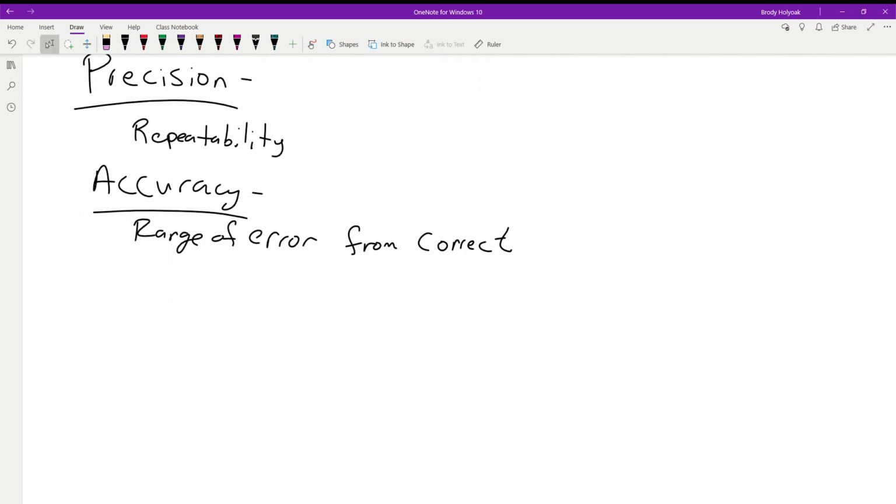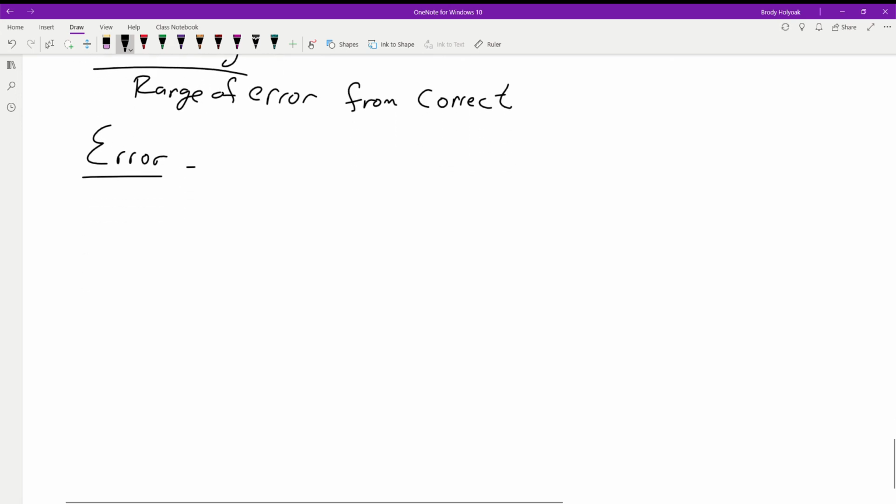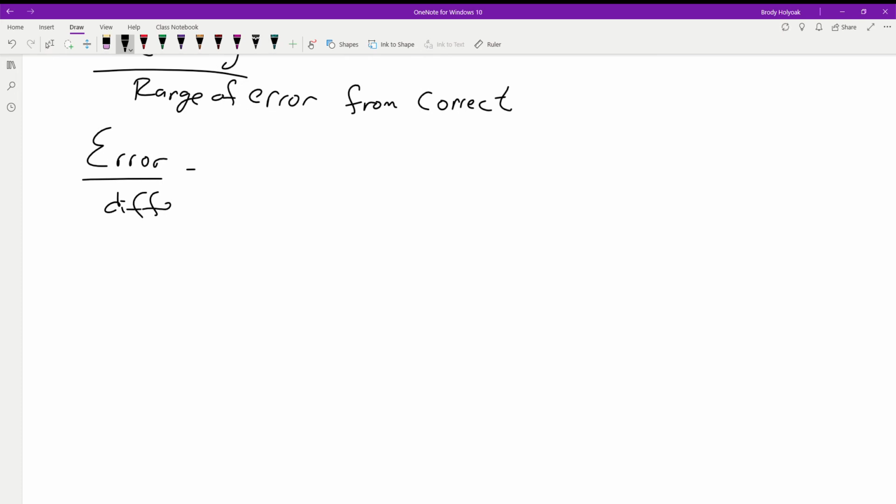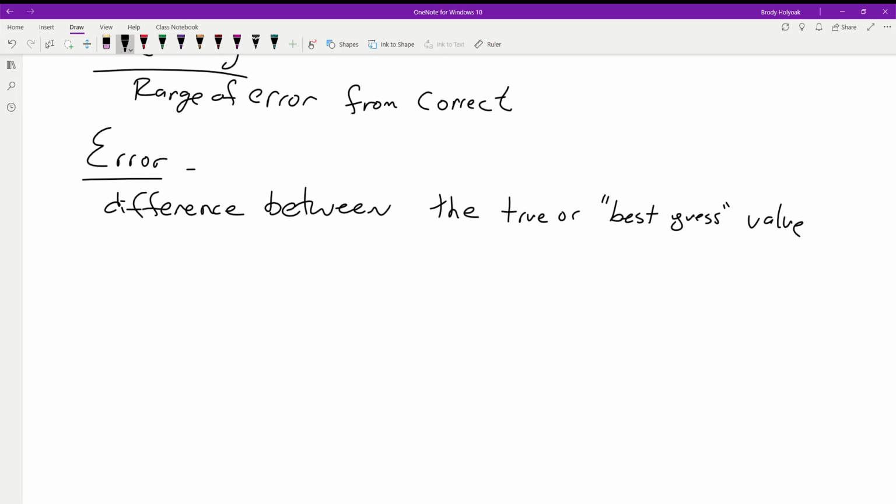The last one we want to cover is error. Pulling in from this definition again, error is the difference between the true or best accepted value and the measured value.